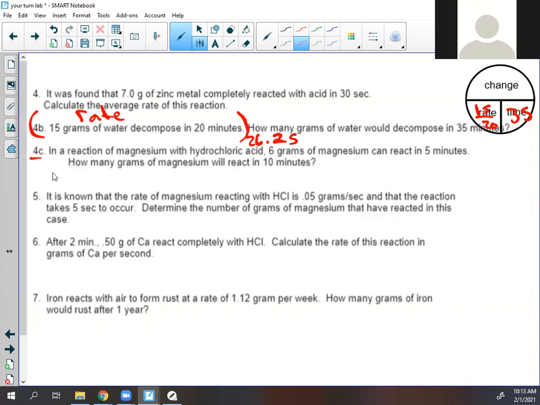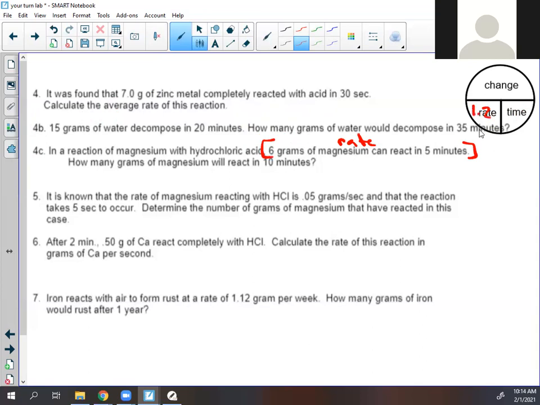All right, 4C. This is just like this one. In a reaction of magnesium with hydrochloric acid, 6 grams can react in 5 minutes. So that's your rate, 6 per 5. So you could put 6 over 5, or you can just put 1.2.